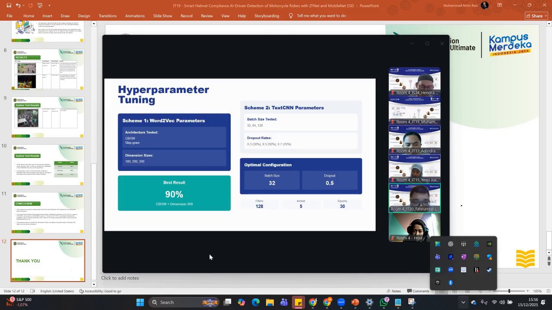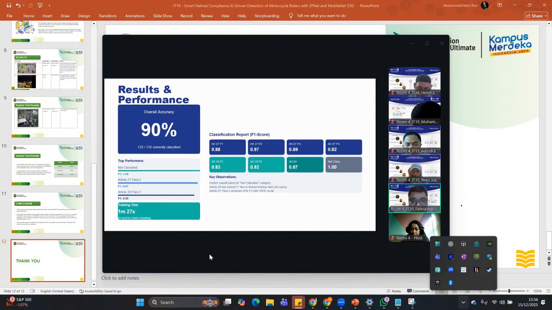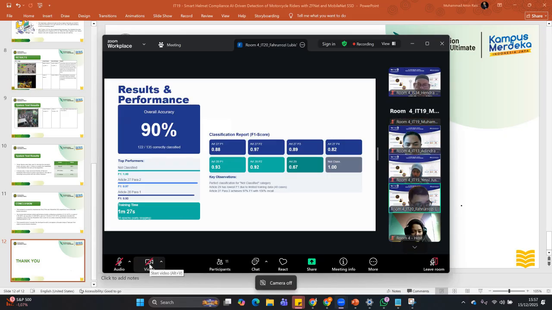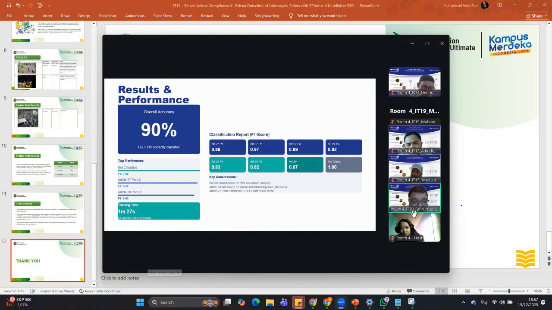So the best result is 70%. And then for the results, overall accuracy is 70%. Classification report, F1 score, recall.